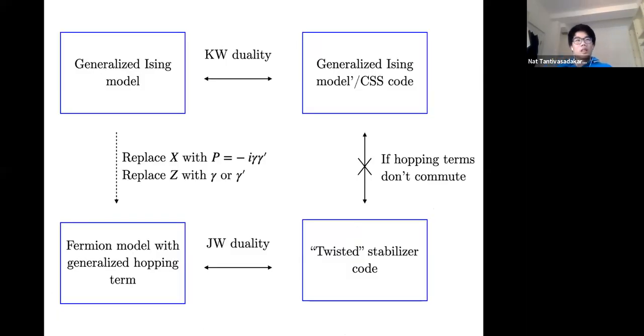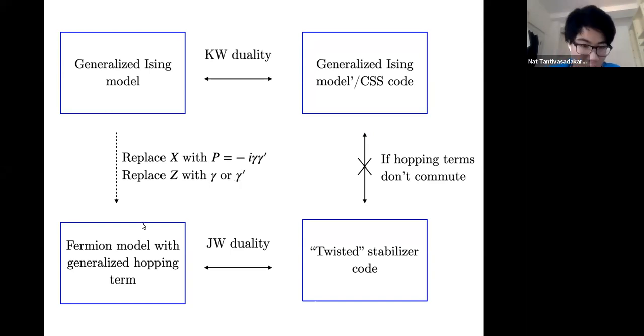So let me summarize the procedure I want to do. You can start with, for example, the topological order, or in quantum information speak, Victor's favorite CSS code. What you can do is perform a Kramers-Wannier duality, or what people like to call ungauging, into a transverse Ising model. And once you have this transverse Ising model, you replace X with fermion parity and replace Z with either one of these Majoranas.